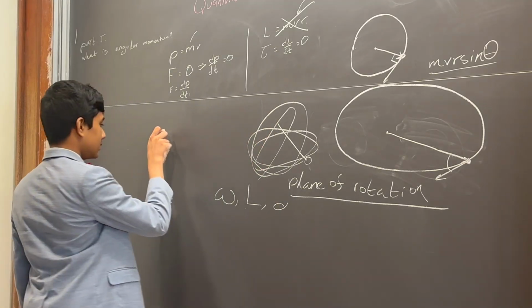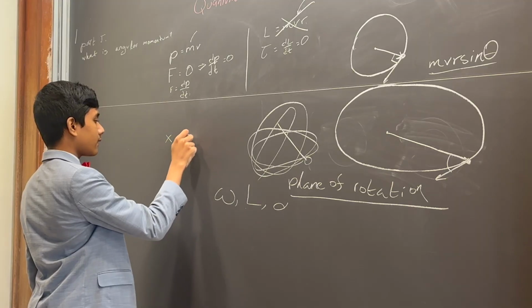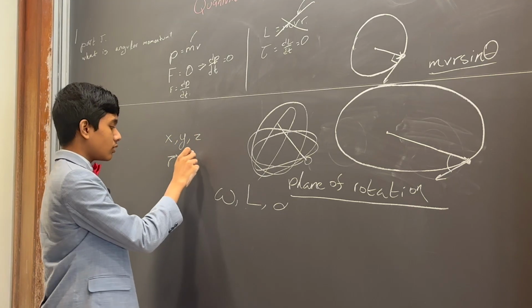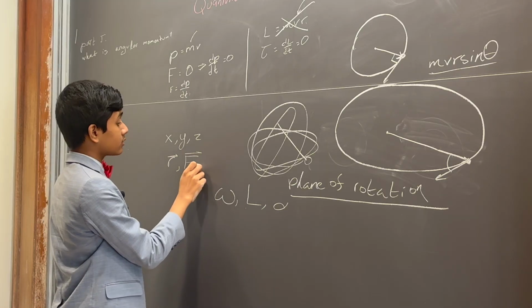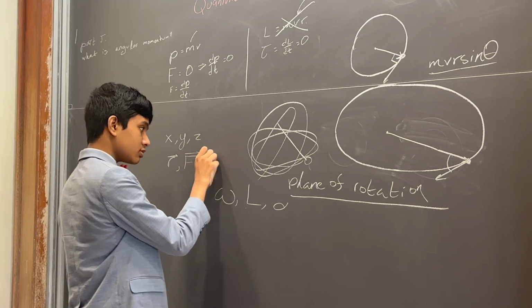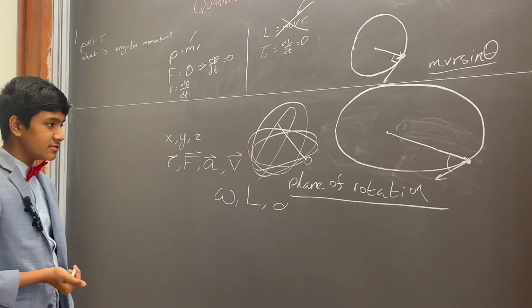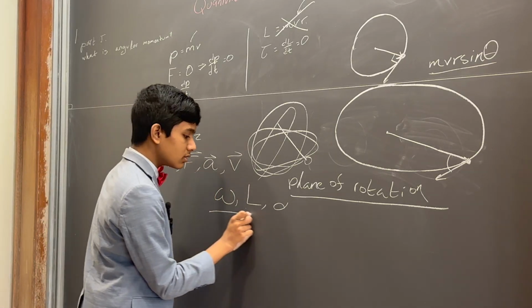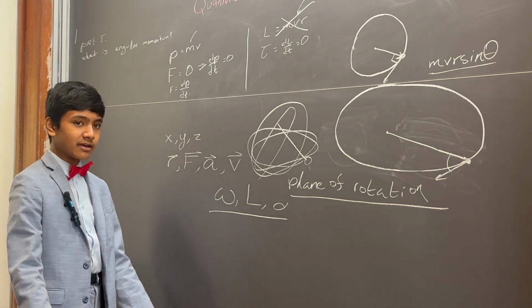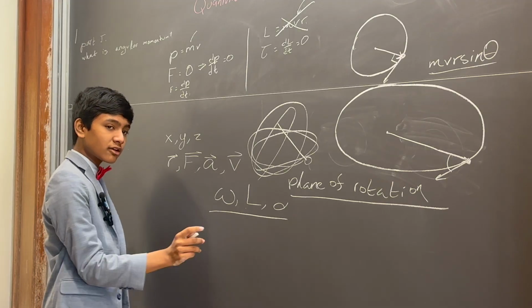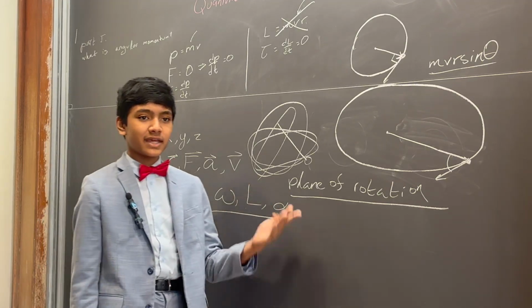Unlike these guys, or this guy, which is a vector, or this guy, which is also a vector, or this guy, which is also a vector. So as you can see, all of our rotational counterparts are scalars. And scalars are clearly inadequate to describe a system like this.